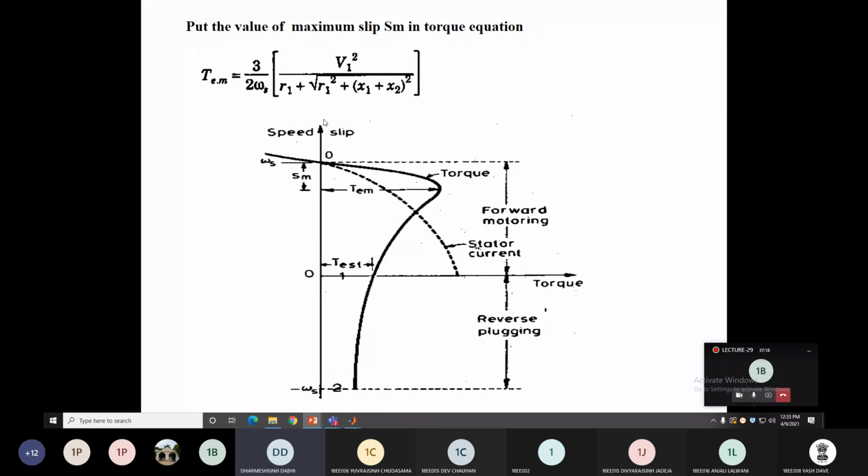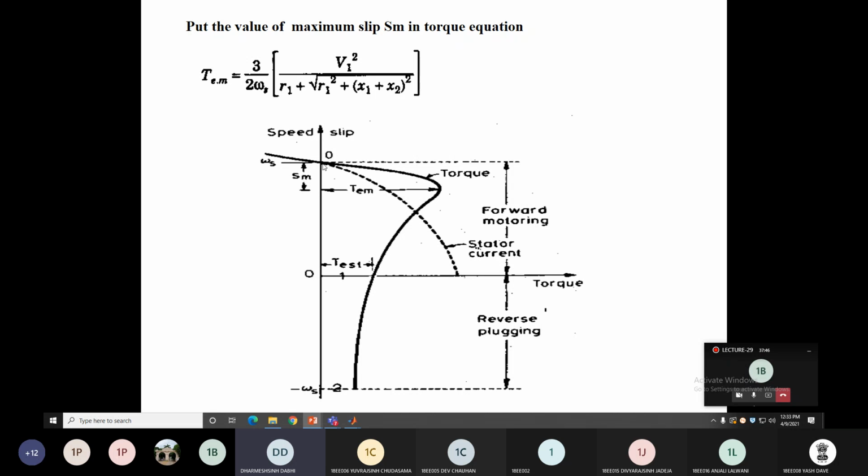So let's try to understand the torque speed characteristic of the induction motor. Here on the x-axis there is torque. On the y-axis there is speed or slip. As you know, speed and slip are interrelated. As the actual speed of the induction motor increases, slip reduces.